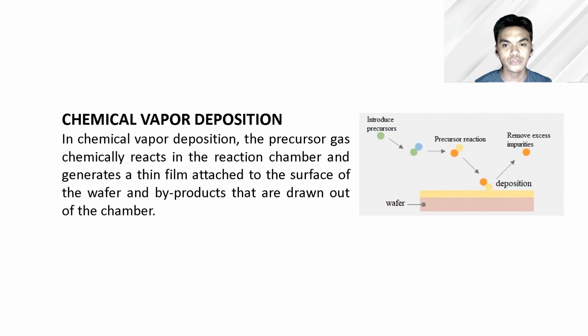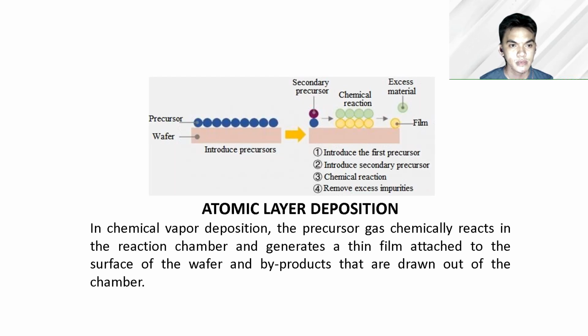This method reduces the reaction temperature, which is very suitable for temperature-sensitive structures. In addition, the use of plasma can also reduce the number of depositions, which can often lead to higher quality films. The next one is the atomic layer deposition.